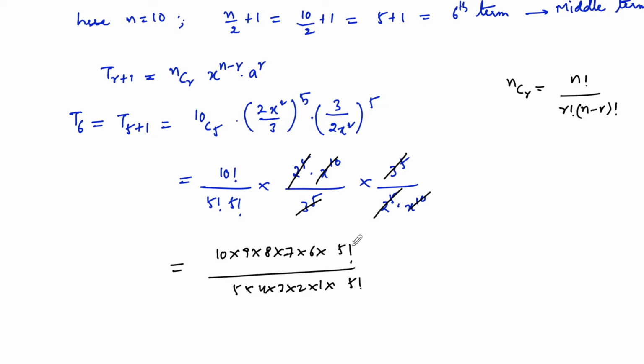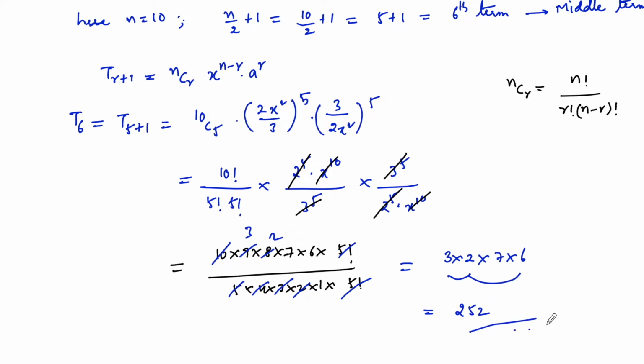So we can cancel 5 factorial and 5 factorial, and on simplifying, 5 2s are 10 and 3 4s are 12, we have left with 3 into 2 into 7 into 6. 3 2s are 6, 6 6s are 36, 36 7s are 252. So 252 is the middle term.